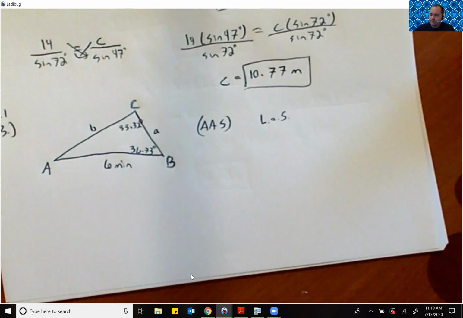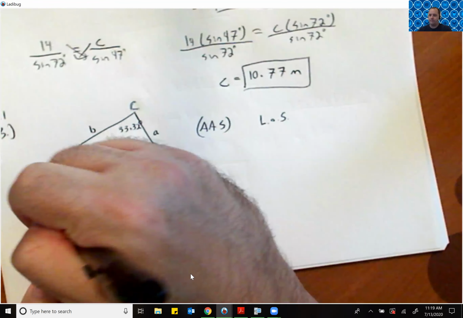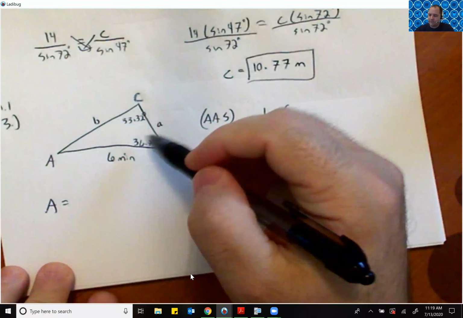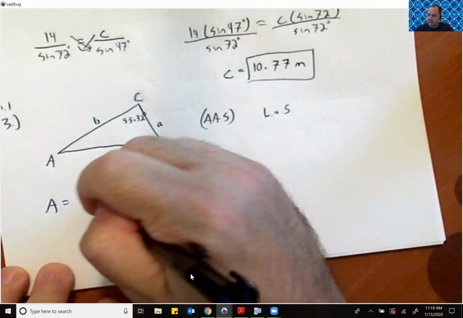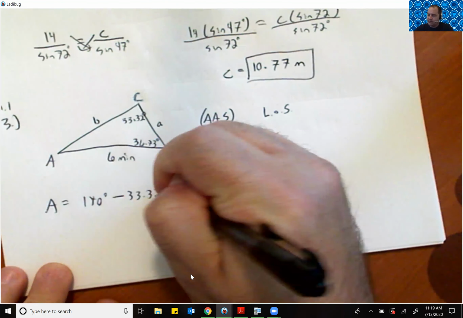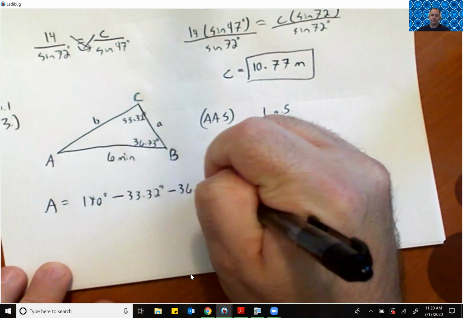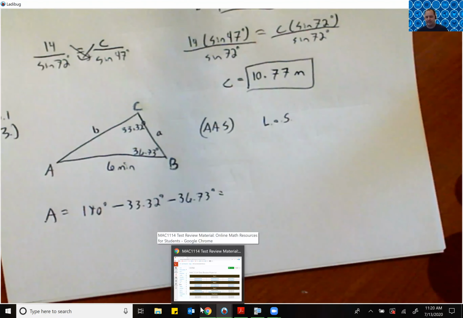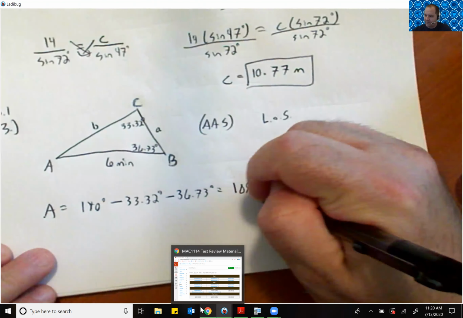So again, to find big A, not hard. All we're going to do is take 180 minus these angles. Minus 33.32 degrees minus 36.73 degrees. Okay, just going to go to my calculator, work all that out. I'm not going to show this one like I did last time. I'm just going to use the calculator I got in my hand. And so angle A is 109.95 degrees.